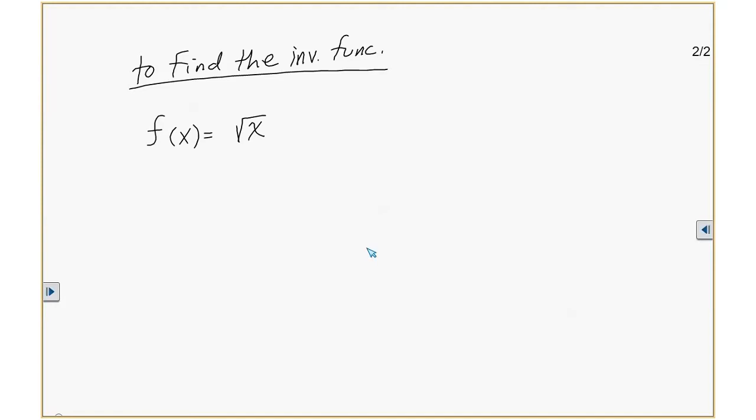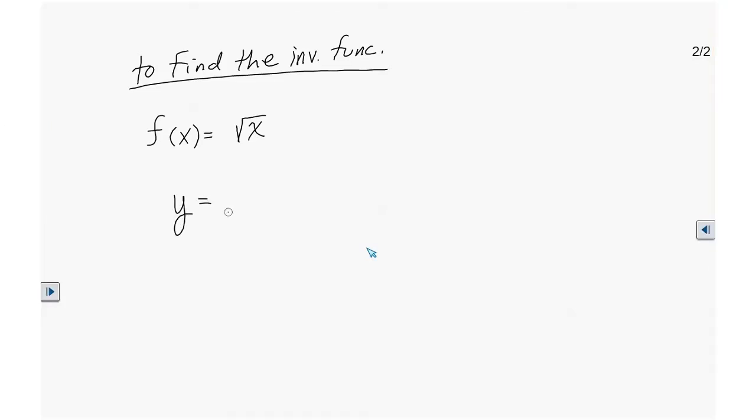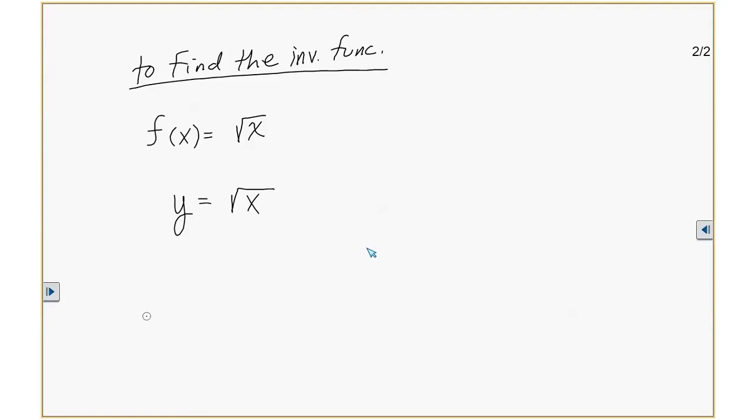The first thing you do is get rid of the f of x, because you need y and x. You need to go back to algebra 1 and algebra 2 and just do it the written way. Y is equal to the square root of x. Everybody with me? Then you need to switch the x and the y.